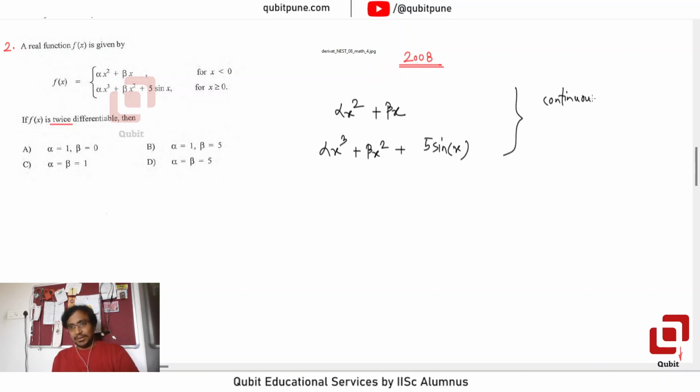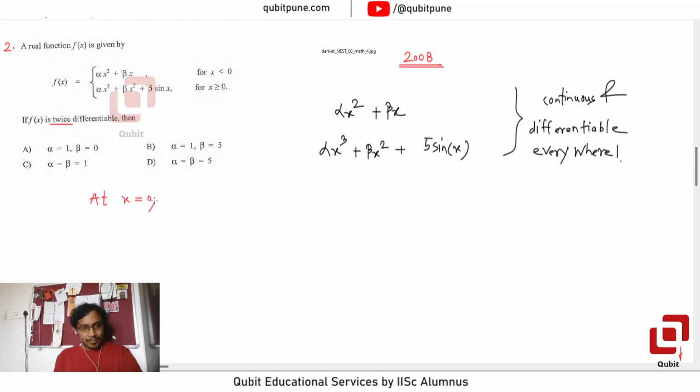These are continuous and differentiable everywhere, no matter what values alpha beta have. Which means we need to only look at the point 0 where the function's definition changes. That is the only point of concern now.